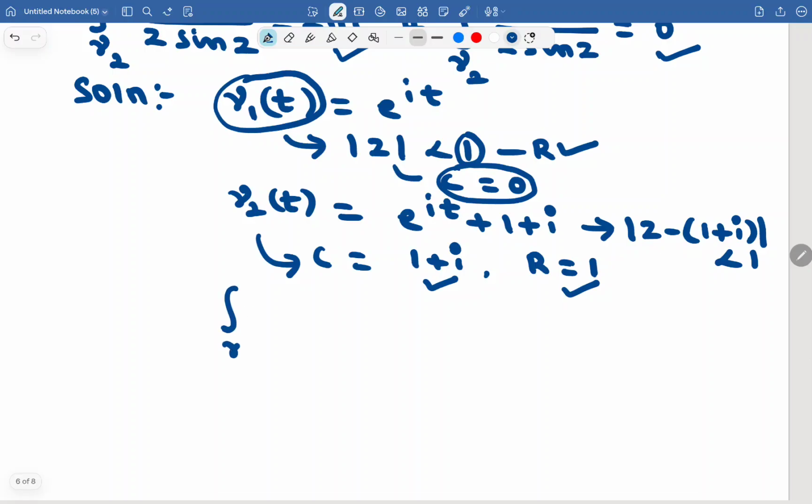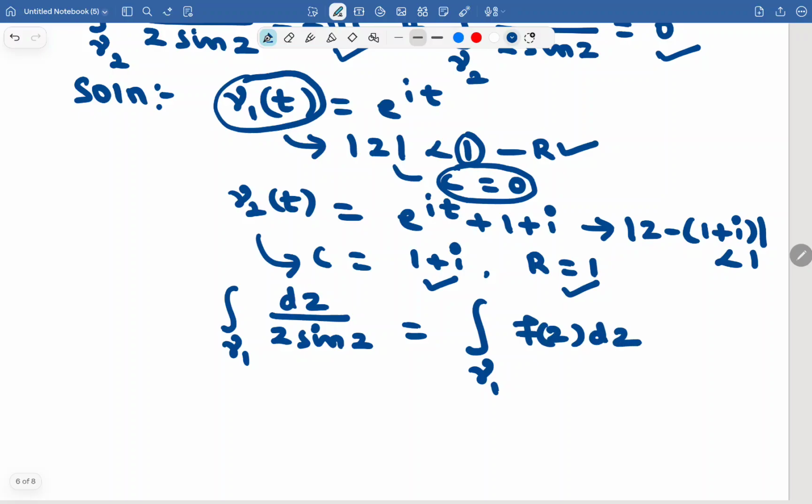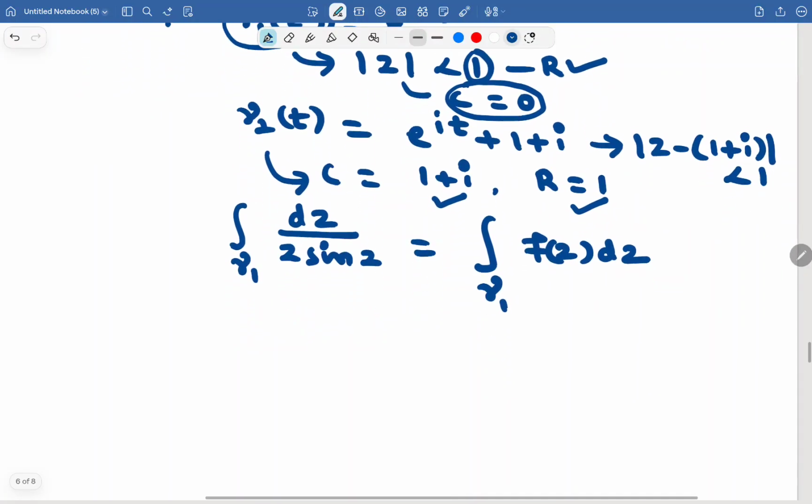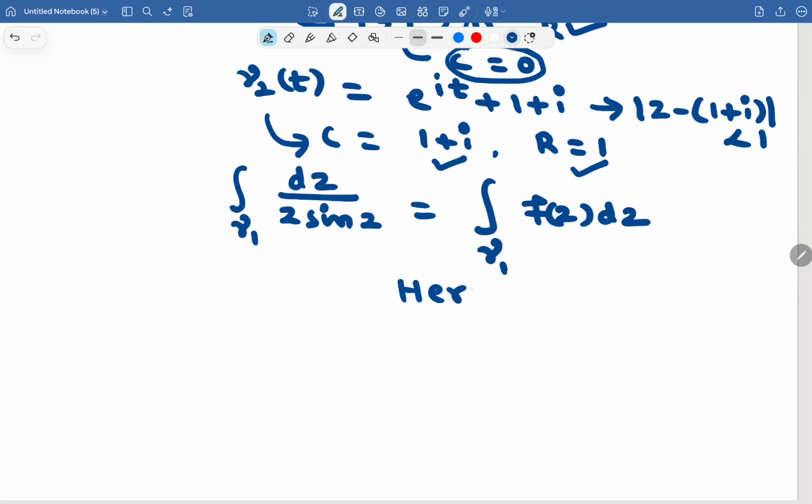For the first two options, the integral over γ1 of dz/(z sin z) is equivalent to the integral over γ1 of f(z) dz. What is f(z)? 1/(z sin z).